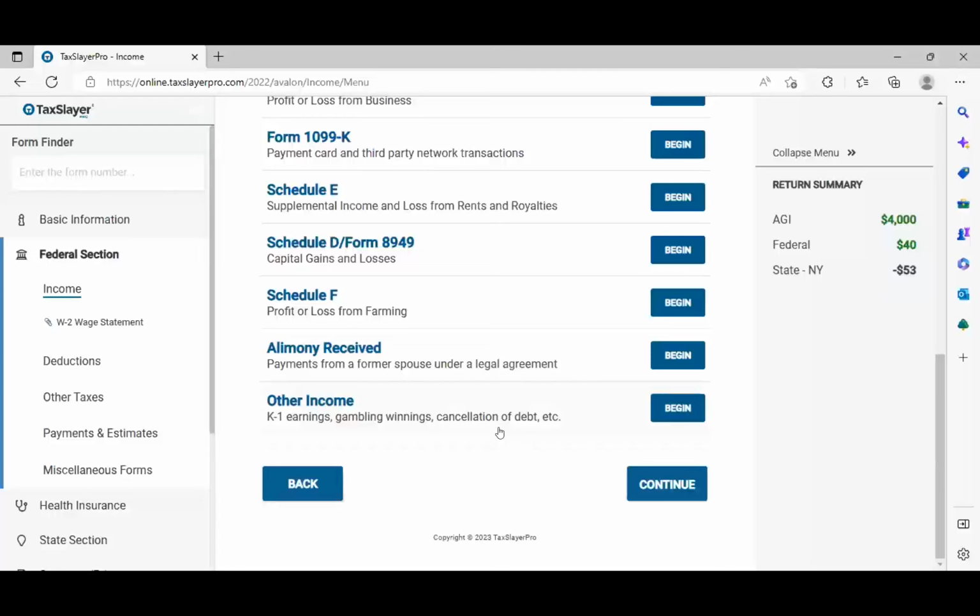In some cases, the cancellation of debt may be taxable or may not be taxable based on the person's circumstances. You would enter the information there. These things are unusual in nature to us here at Community Tax Aid, so reach out to a manager and they'll help you navigate the entering of that type of information.